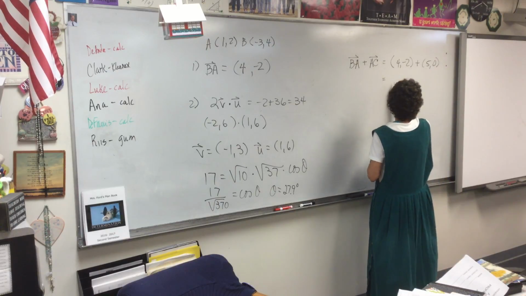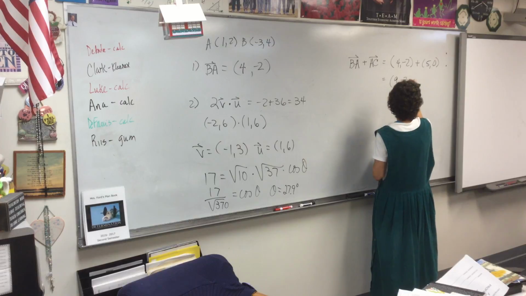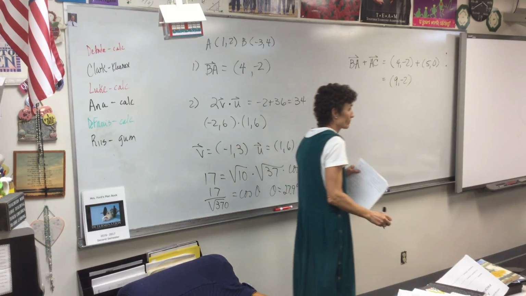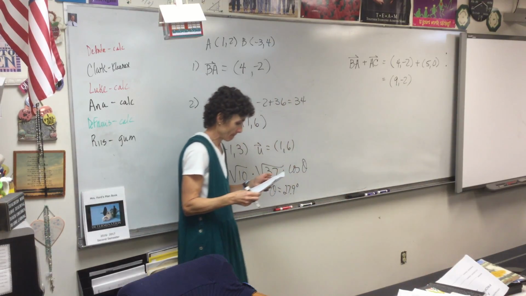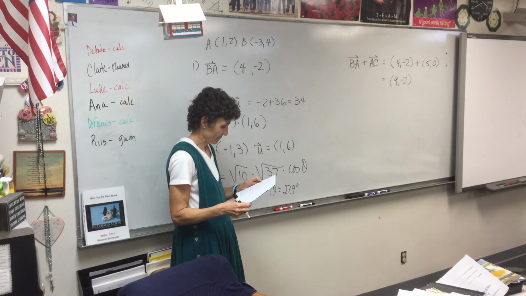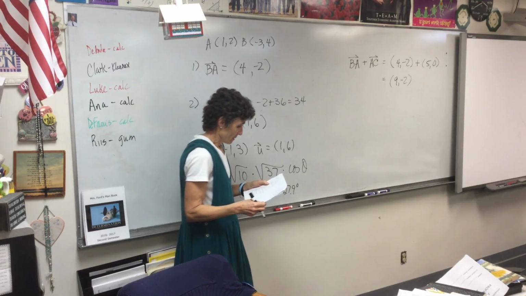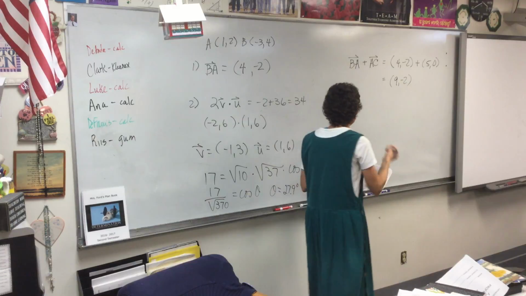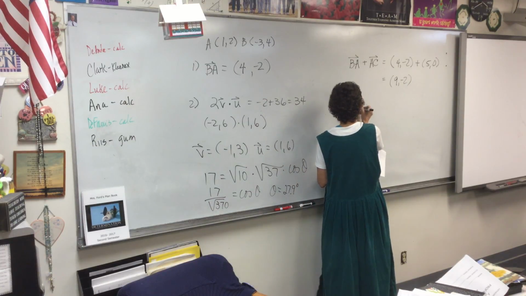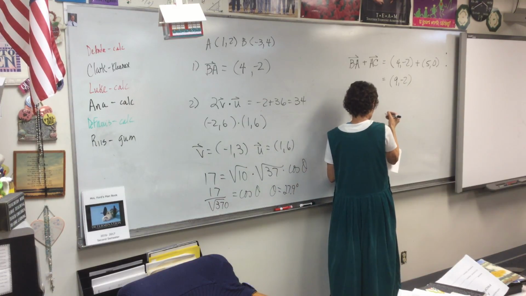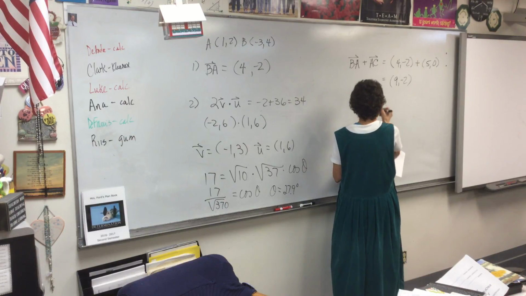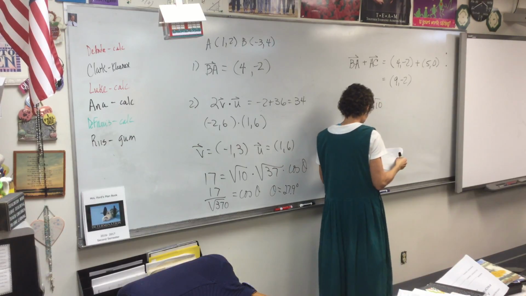We're adding those together. All right, number 5. I think we already answered this one in another problem. What's the magnitude of V? Root 10. Yeah, we already answered that one.